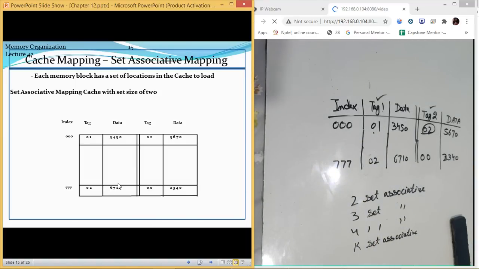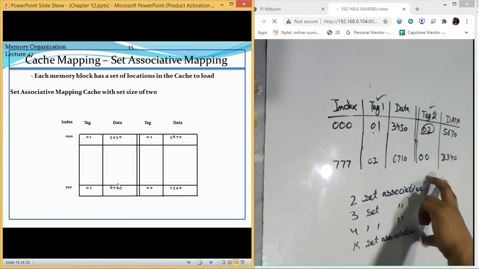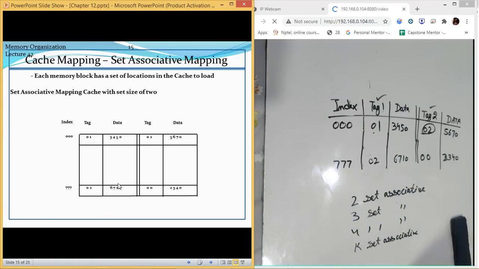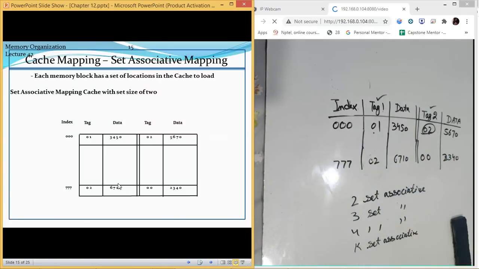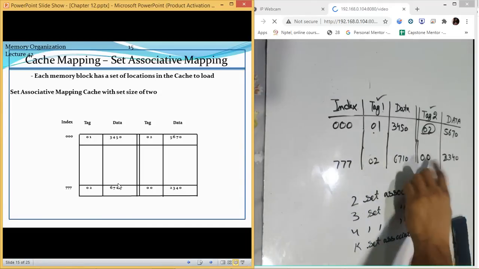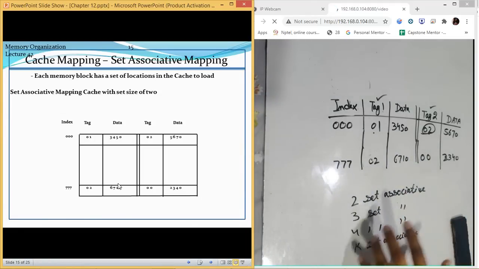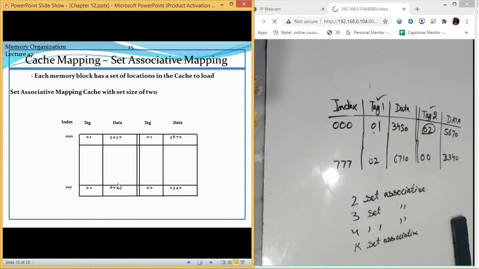It will be more complex work to compare those values, and certainly it will become very difficult for you to compare the values, and thus it will reduce the performance of your RAM. So there should always be a balance between the number of tags which we are going to store and the speed and performance of your RAM. So there is a trade-off between both of them.